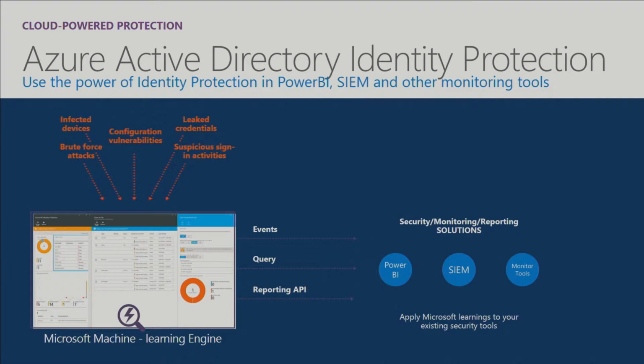We have a connector, so few clicks, all that data shows up in Power BI. You can customize your dashboard. So we allow you to push all the rich data that we have to offer to SIEM, to Power BI, or any other monitoring tool that can integrate with our APIs. I'll show you our Power BI and Splunk integration as we go through the demos.